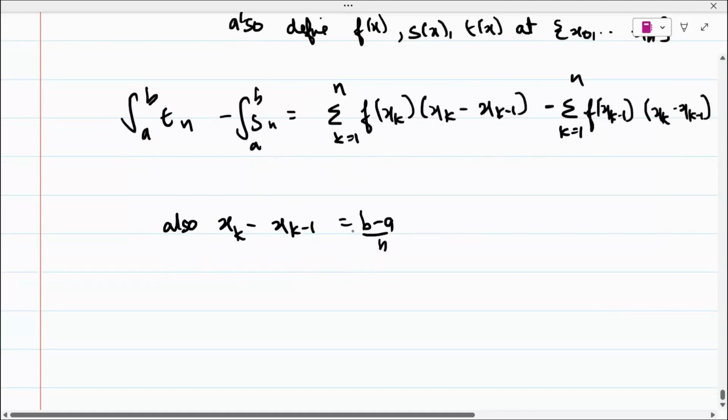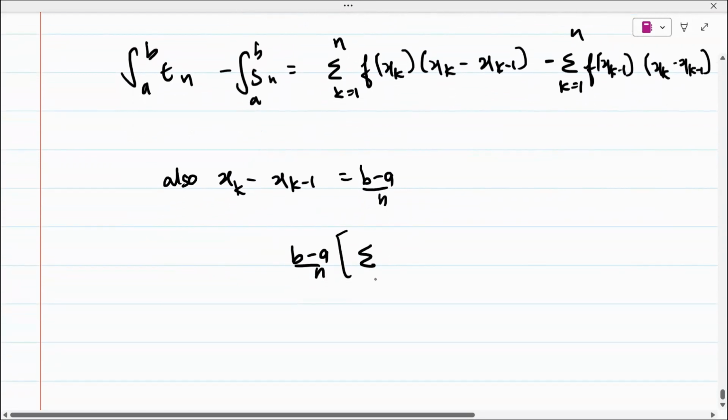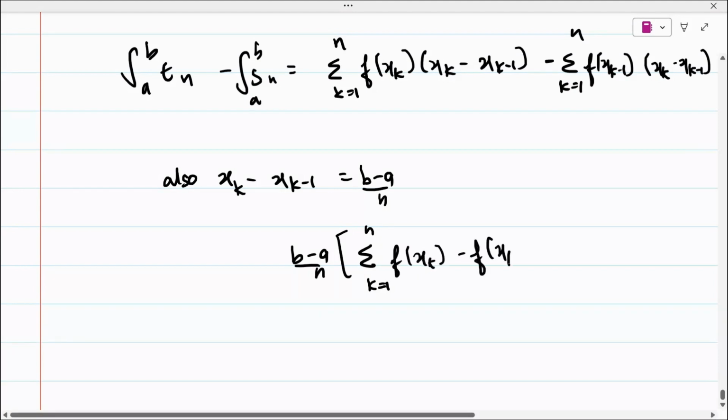So you can take that out, b minus a by n, into this sum, k equals 1 to n. Both have the same index. So, good, we get f of xk minus f of xk minus 1.